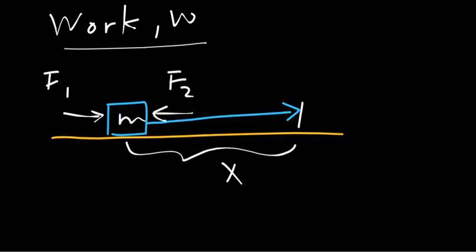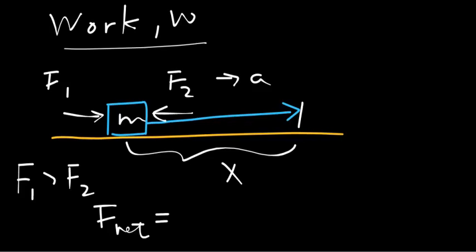So since the object is moving to the right, say with some acceleration a, then we know F1 is greater than F2, and there is a net force involved. The net force in this case is F1 minus F2. The direction of this net force is to the right.